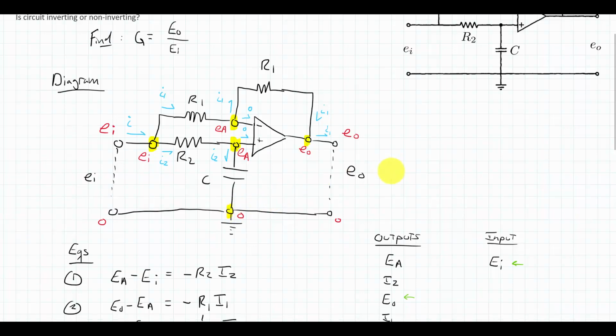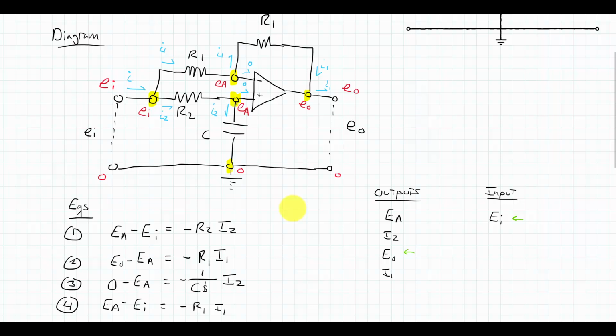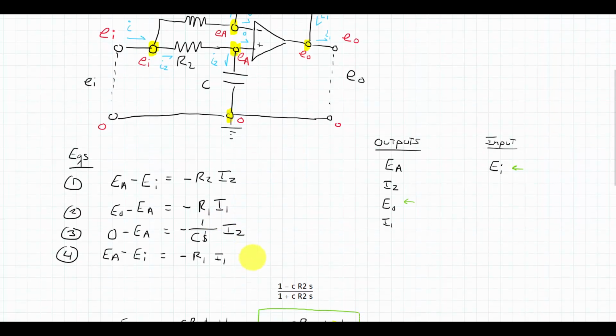Using the diagram, I came up with 4 equations using nodal voltages or node-to-node voltage drops. Again, there are other ways that might be more efficient to do this, maybe a voltage divider or some other technique, but by just selecting 4 pairs of nodes and looking at the voltage drop across them, I was able to get these 4 equations for 4 unknowns.